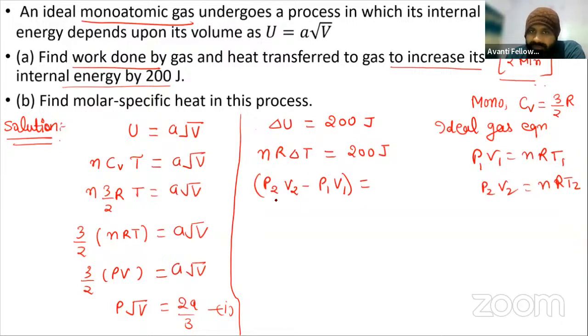So P2 V2 minus P1 V1 equals 200 joule. This is equation number 2 we got.